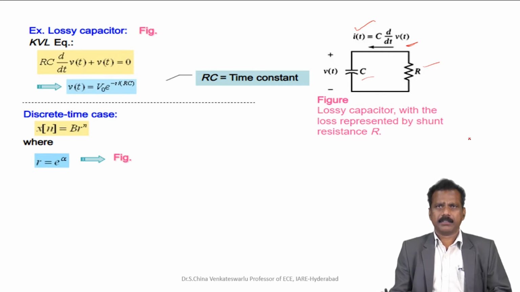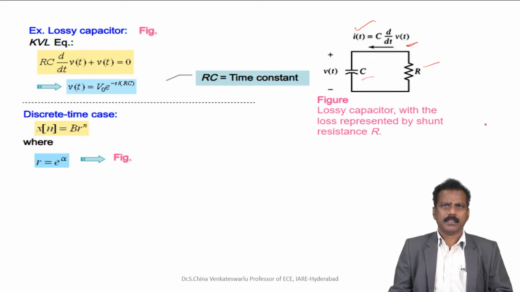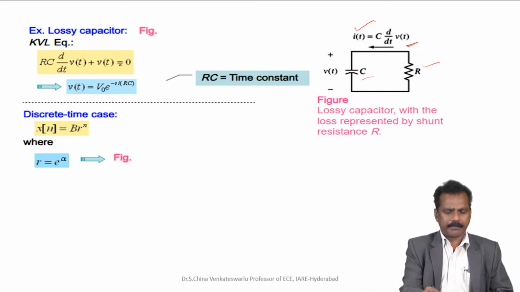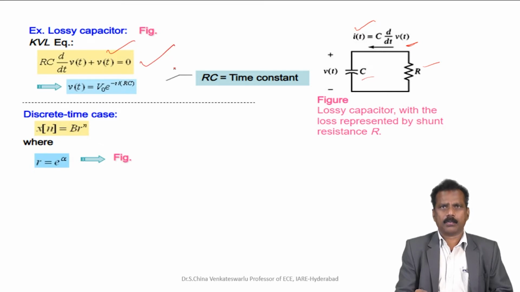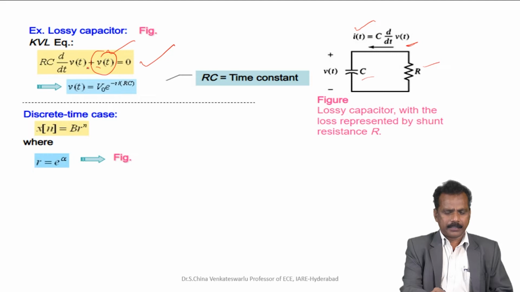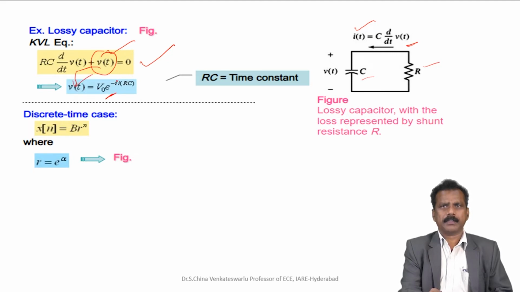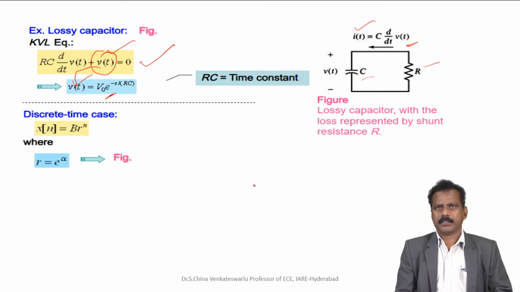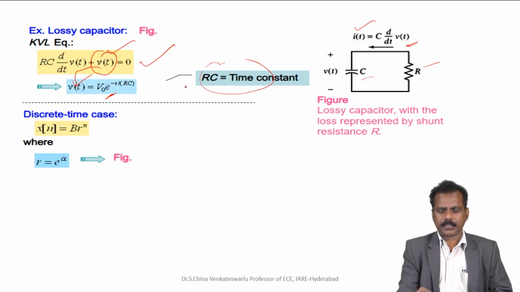Applying KVL, RC into d by dt of v of t equals 0. From this, v of t is equal to V0 into e power minus t by RC, where RC is the time constant.